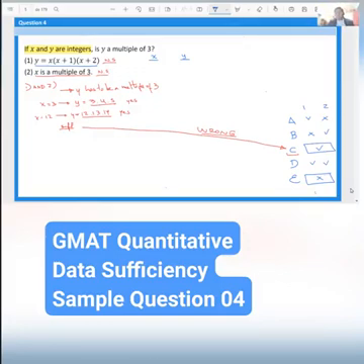Say, for example, what happens if x were 1? Then y would be 1 times 2 times 3. Is this divisible by 3? Of course. What about if x were 2? Okay, y would be 2 times 3 times 4. Is this number divisible by 3? Of course it is, because we're seeing 3 as a factor of this number.